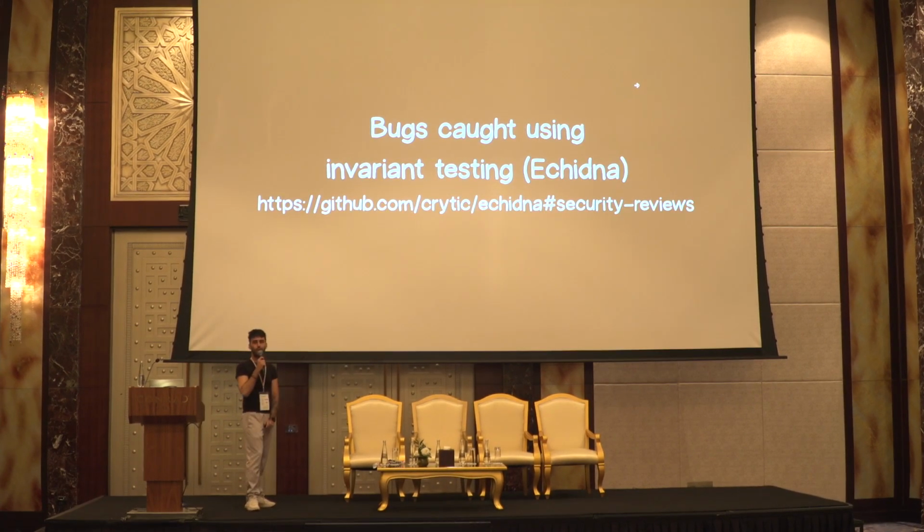And something very interesting that you can also read is the list of all the bugs that were caught using Echidna. This list is by Trail of Bits, and they have about 20 reports. You can read this out, it's very interesting.